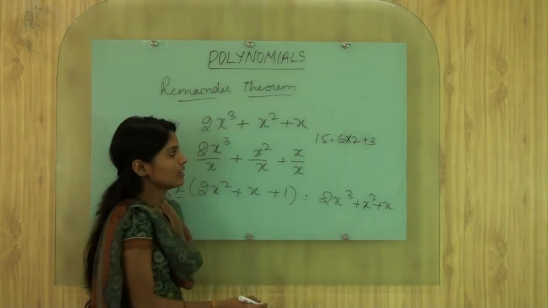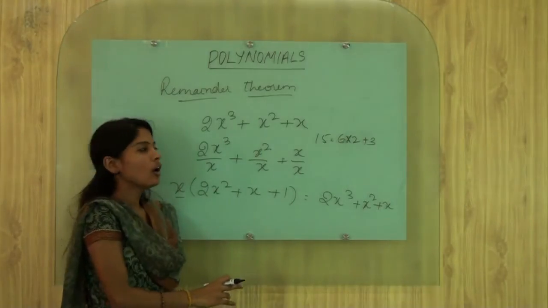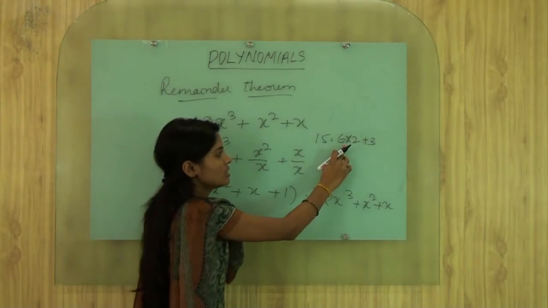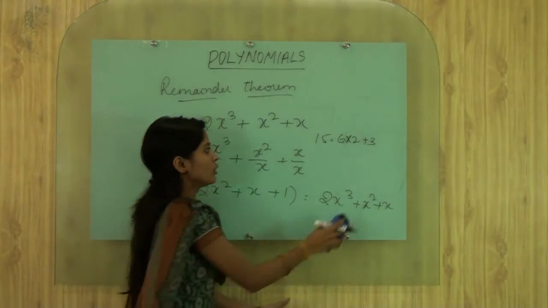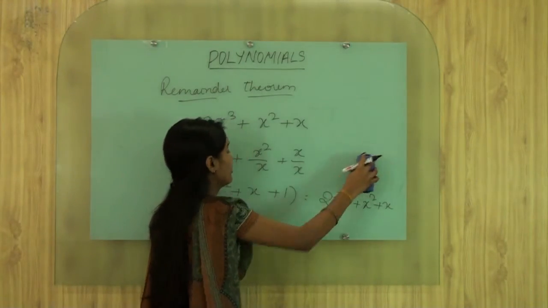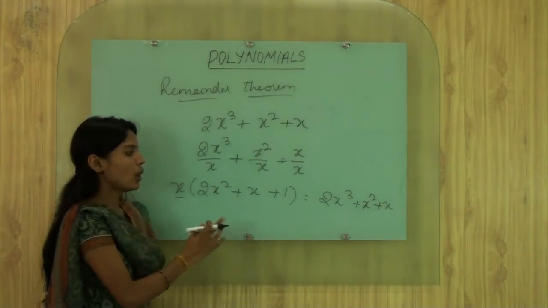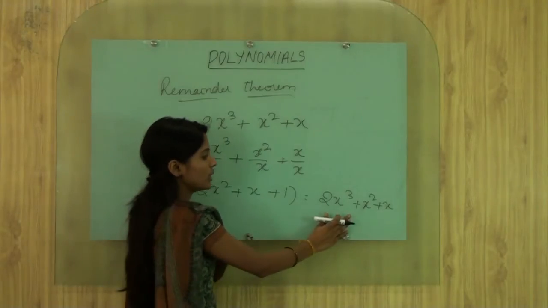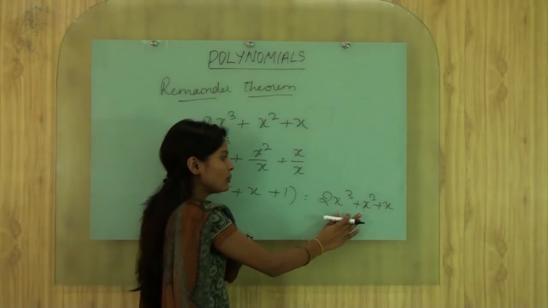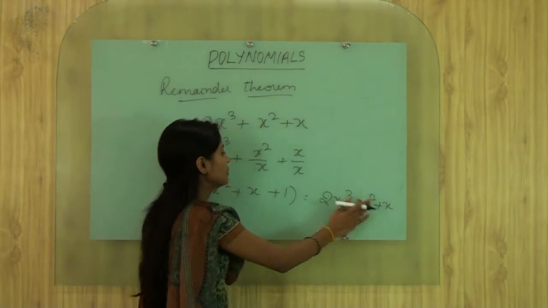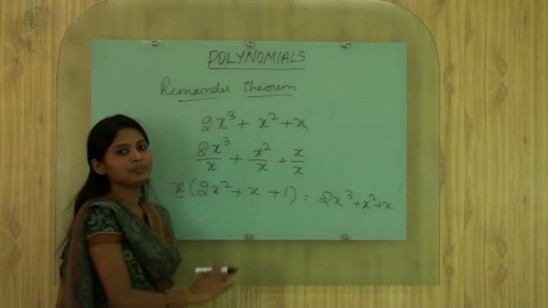Here we can say that these are factors of 15, or 15 is a multiple of 6, or 6 is a factor of 15. So here also we can say x and 2x square plus x plus 1 are factors of 2x cube plus x square plus x, or 2x cube plus x square plus x is a multiple of x and 2x square plus x plus 1.